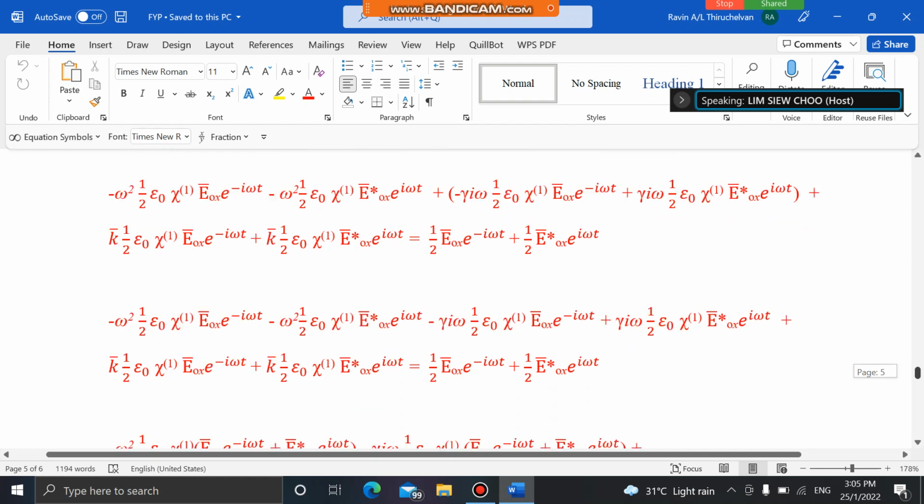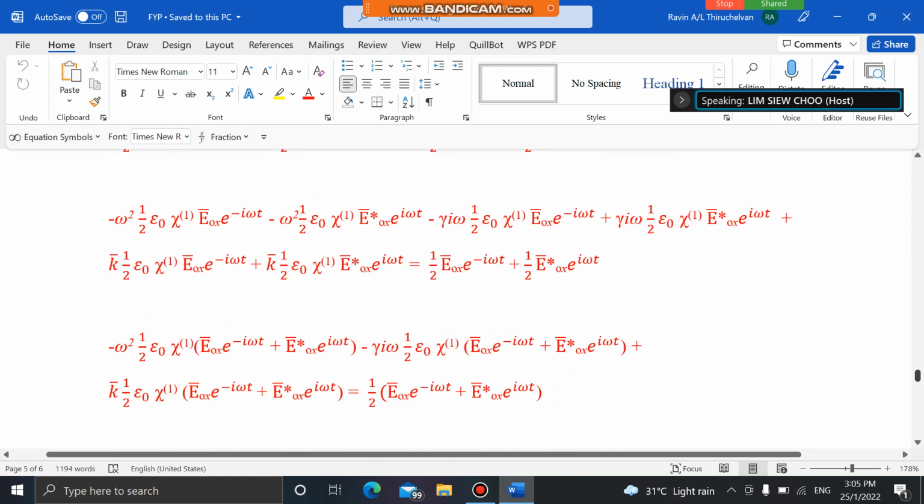As I said, the field that we use to excite the system, right? All are fields, but you can see that you have the E field plus a conjugate. So complex plus a conjugate is a real field. But when we do the derivation, we just take the complex part. We ignore the conjugate part.